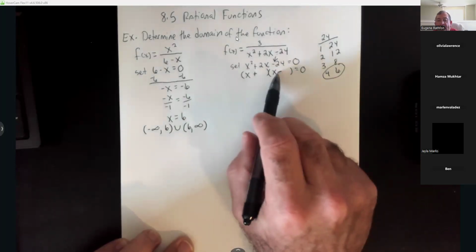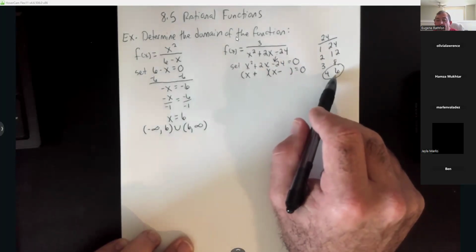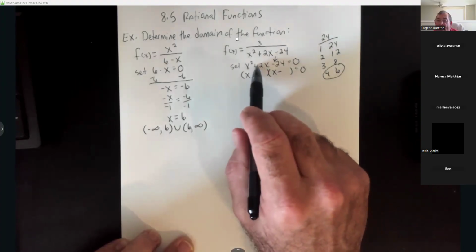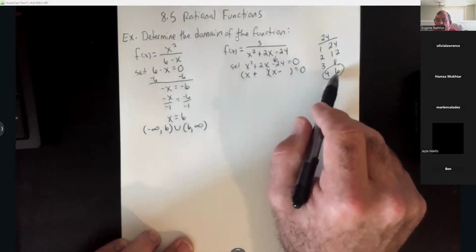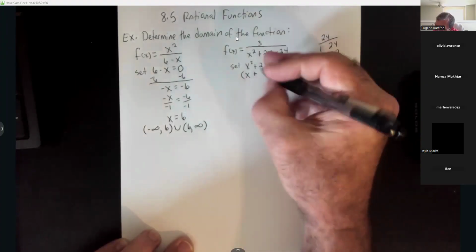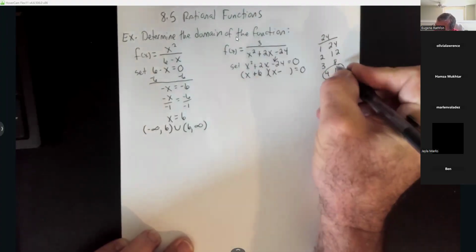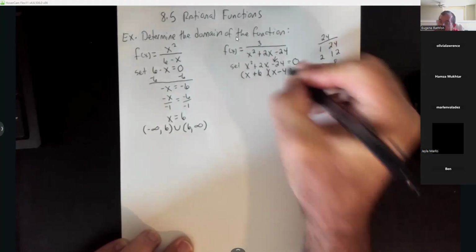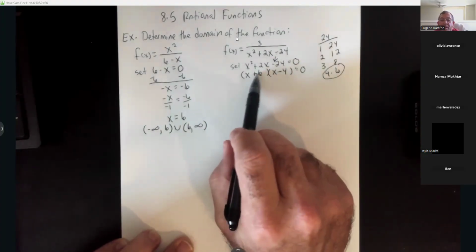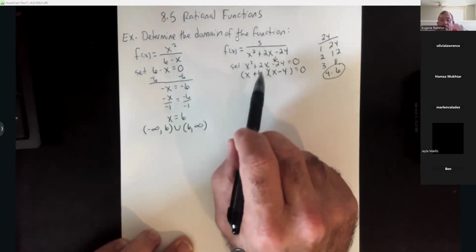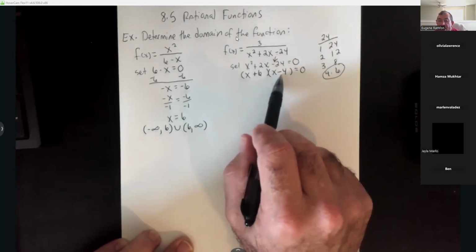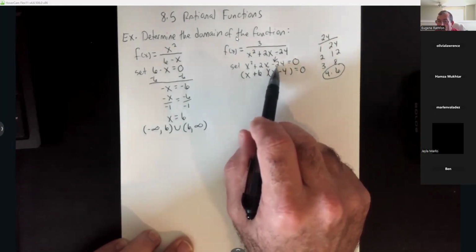Now, when you have unlike signs, the larger number has the same sign as the middle number. So the 6 is going to be positive like the 2, and then the 4 would be my negative. All right, so 6 minus 4 equals 2. 6 times negative 4 equals negative 24.